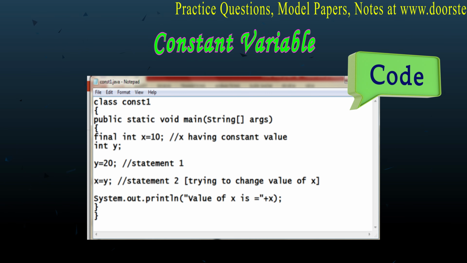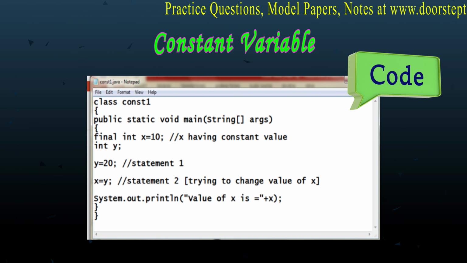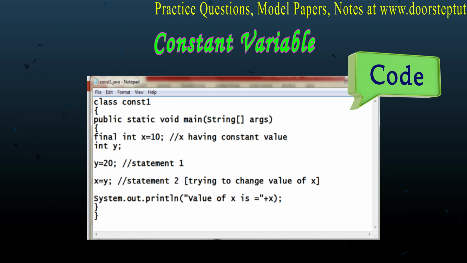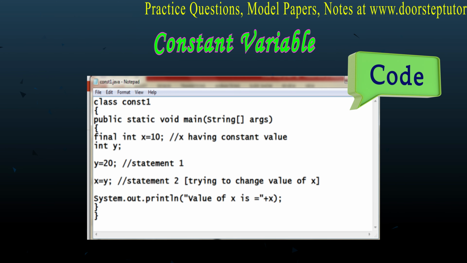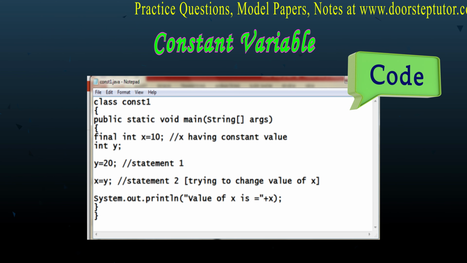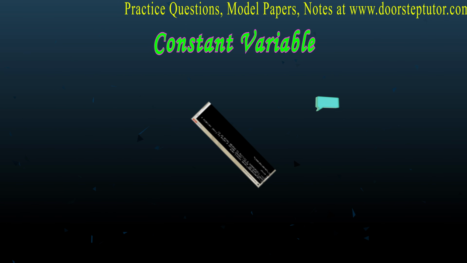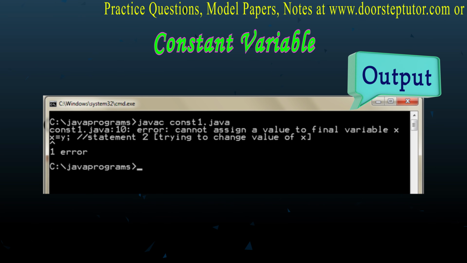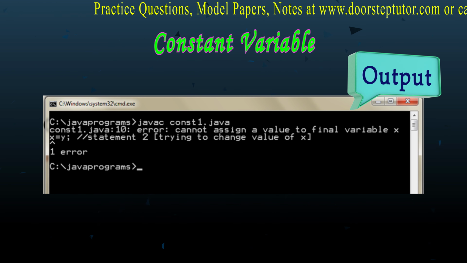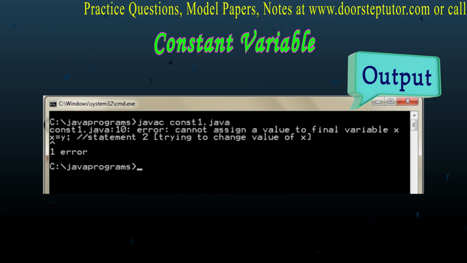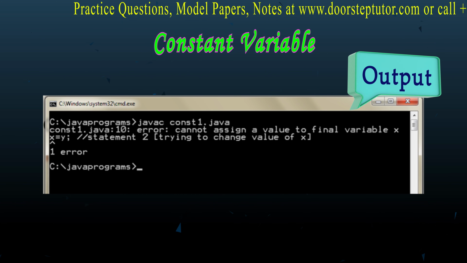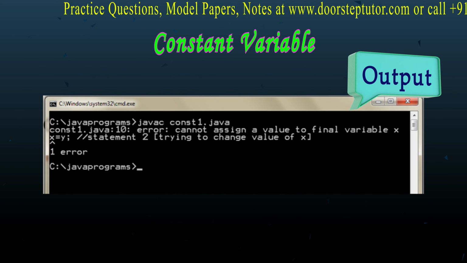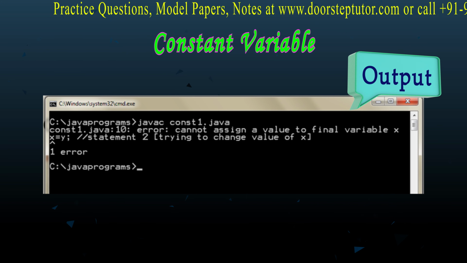Then we assign the value 20 to the y variable. Then we try to change the value by the assignment operator, x is equal to y. But we can see in the output that it cannot modify the value of x because we have used the keyword final. So it will show us the error.